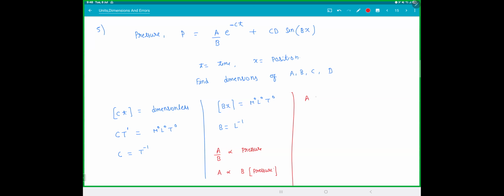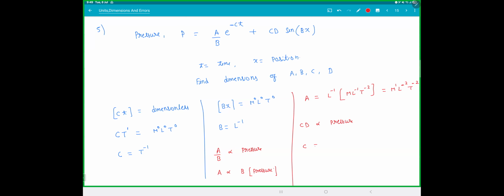So A's dimensions are B's dimension, which is L minus 1, and pressure is nothing but force by area. Force is MLT minus 2 and area is L square. So that will be ML minus 1 T minus 2. So this will be M power 1, L power minus 2, T power minus 2. That's your A. Similarly, C into D also must be proportional to pressure.